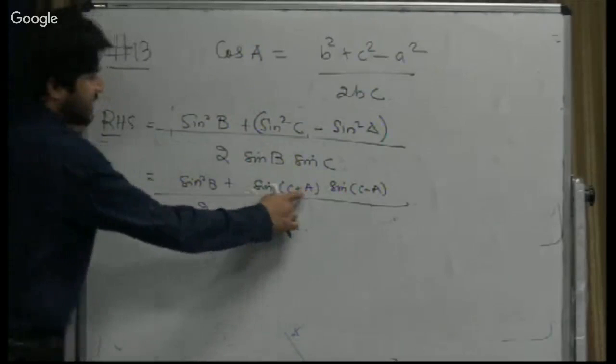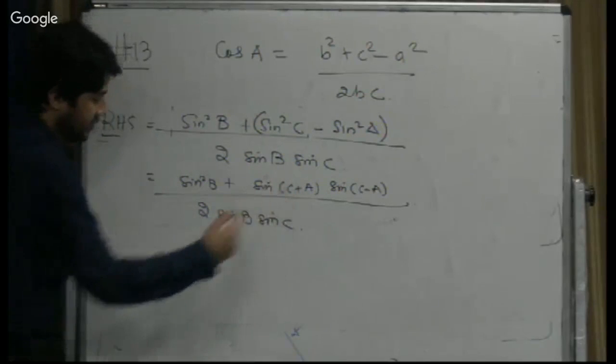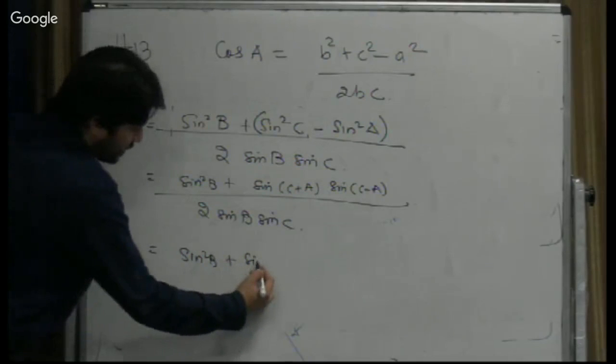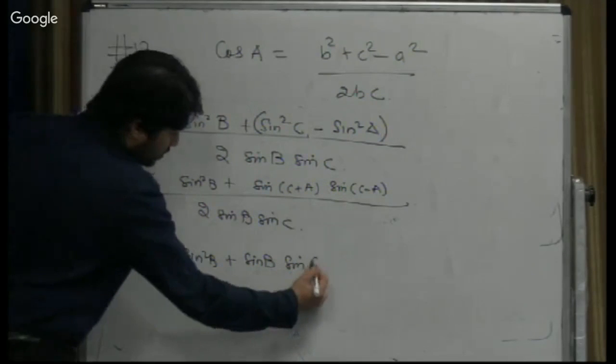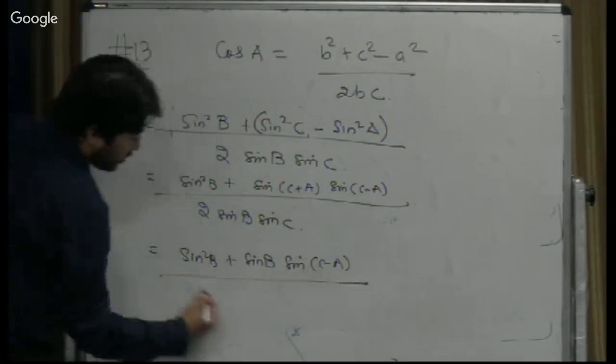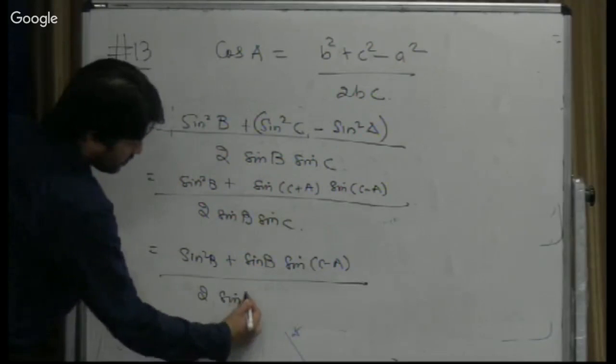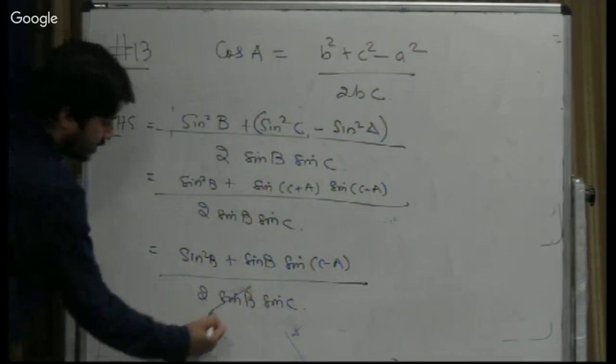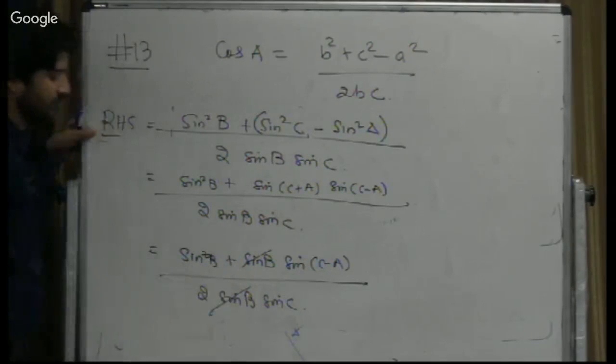Now sin(C plus A) can be written as sine B. So I can write it as sine square B plus sine B into sin(C minus A) upon 2 sine B sine C, right? Can I cut this sine B with this and this square?